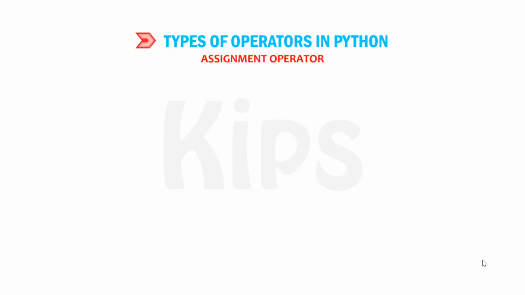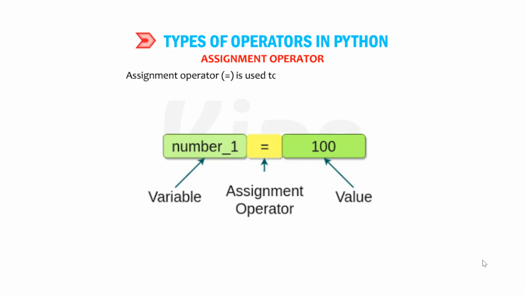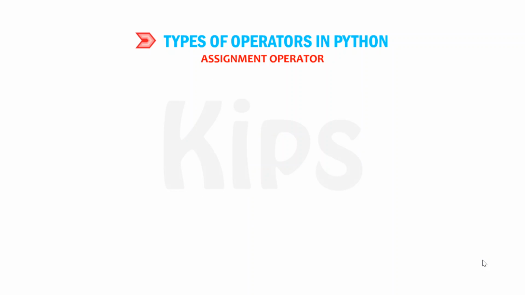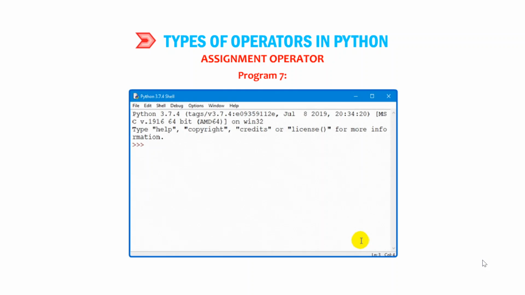Assignment operator. Assignment operator is used to assign a value to a variable. It assigns the value on its right side to the variable written on the left of it. We have used this operator previously in the programs. Program 7.